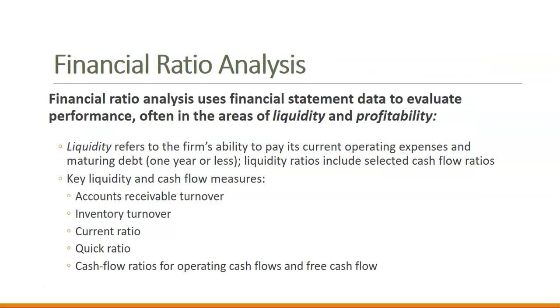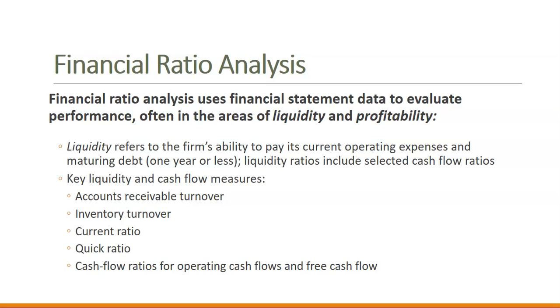Another measurement we have is financial ratio analysis. We generally use the liquidity and profitability ratios. Key liquidity ratios are accounts receivable and inventory turnover, current ratio, quick ratio, and the cash flow ratios for operating cash flows and free cash flow.